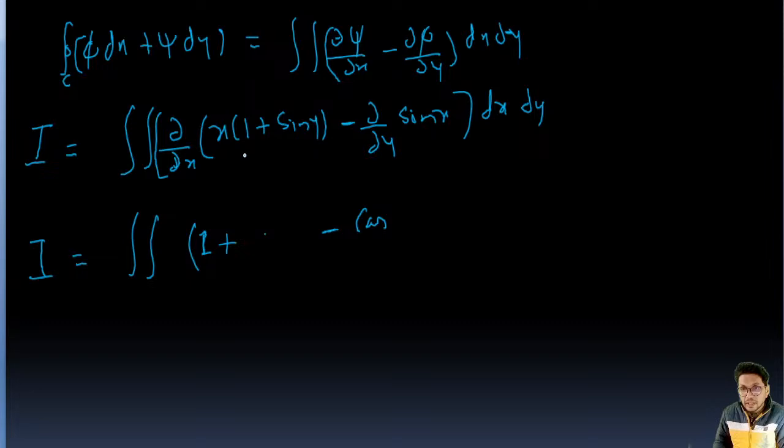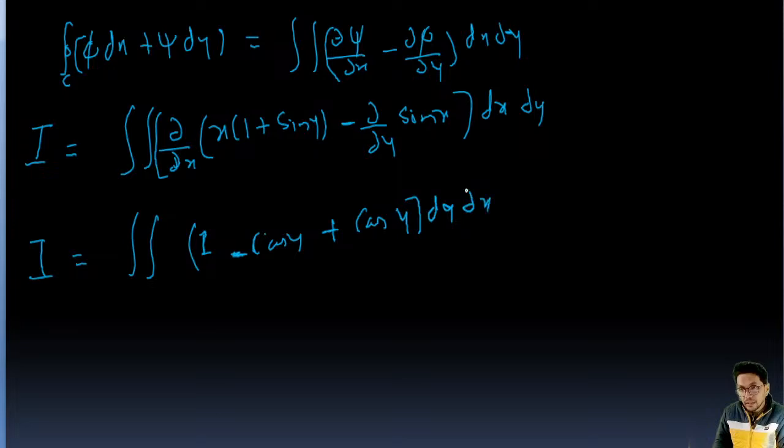So this is 1 plus minus cos y. This is minus cos y, the integration. And this is minus and minus cos y. This is plus cos y dy dx.